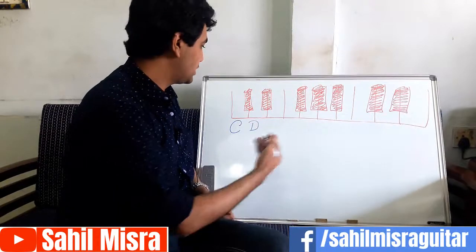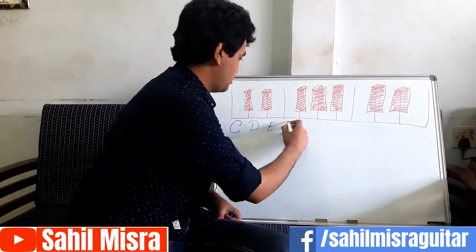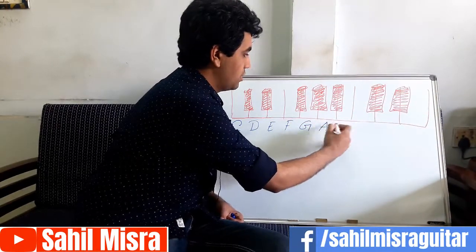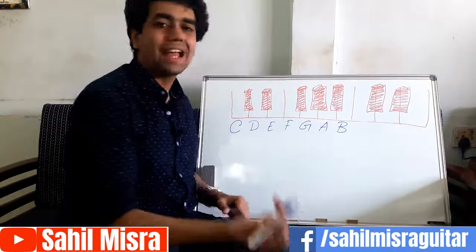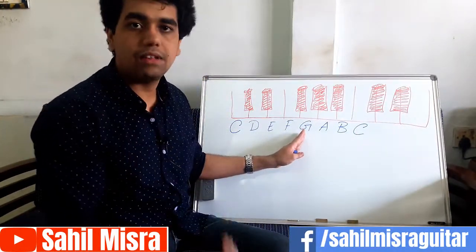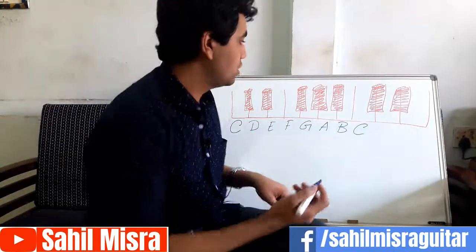And then we move forward the same way. We have E, then comes F and G, A, B, and C. Now please note, after G we move on to the first alphabet A, then B and C, and then it just continues the same way forward.